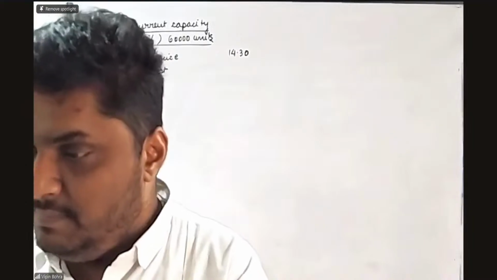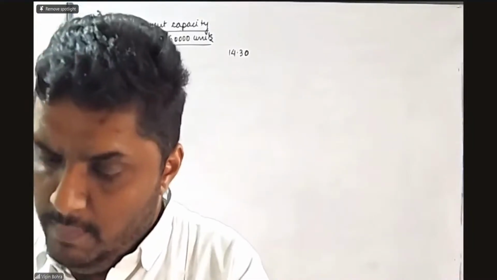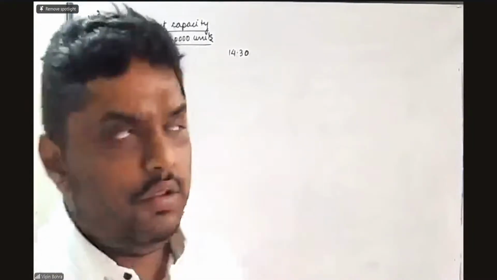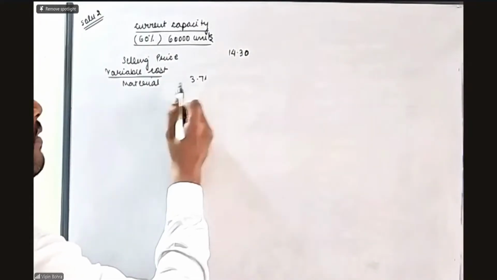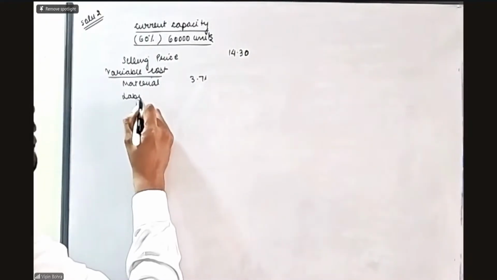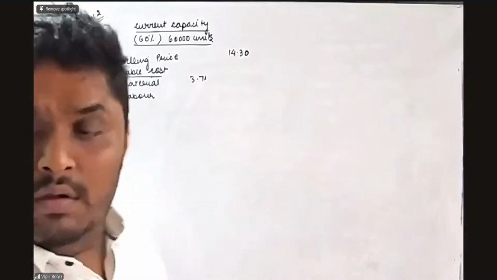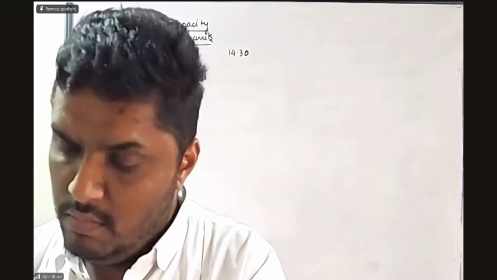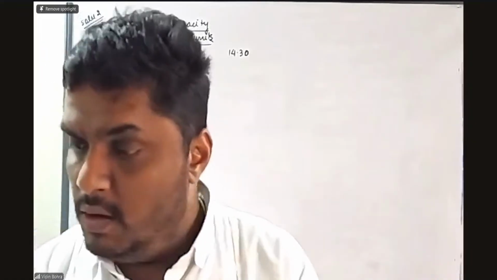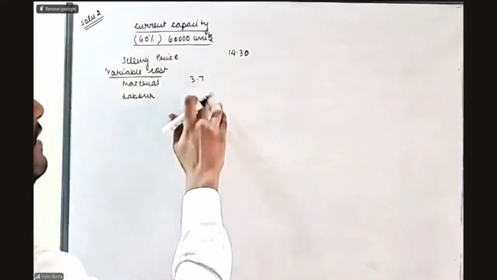When talking about material cost, it is 3 rupees 50 paisa, plus it is increased by 6%. So the revised material cost will be 3.71. Labor cost is 1 rupee 25 paisa plus 8%, so this will be 1 rupee 35 paisa.